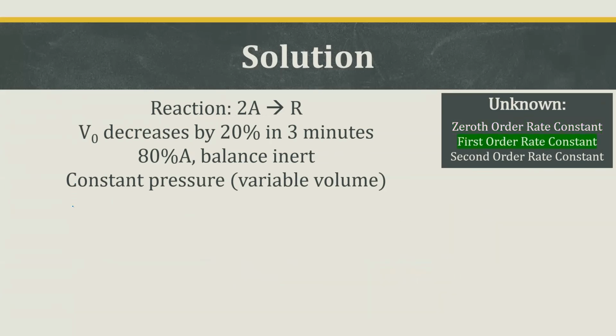We already have a value for our epsilon, so we just copy that, as well as for our x. Then we just write the equation for the first order, which is ln of 1 over 1 minus x equals kt. So we substitute values.